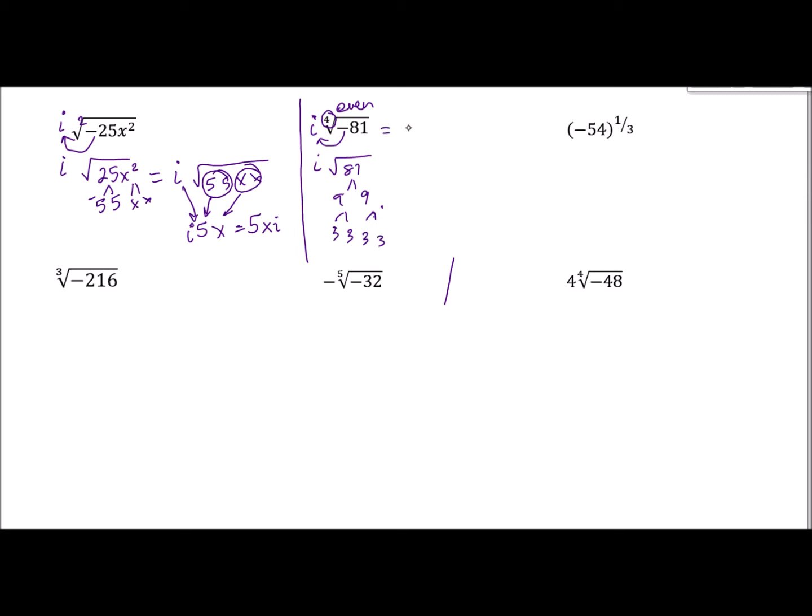Okay, fourth root. An i out in front. 4 3s. One group of 3s. One makes it out, one dies. Don't forget about i.